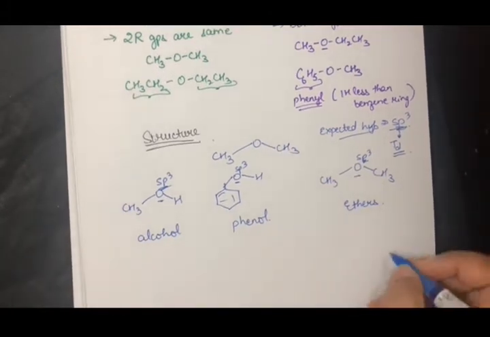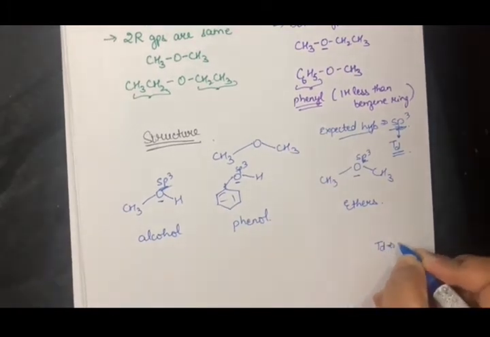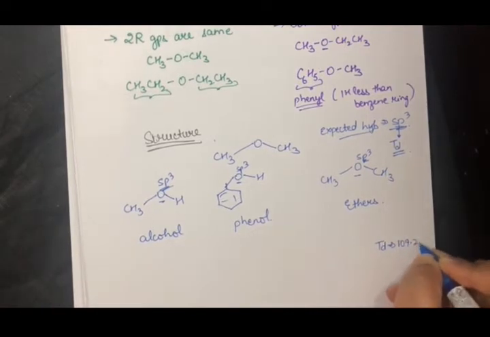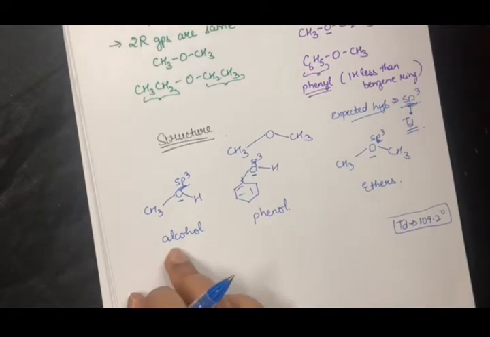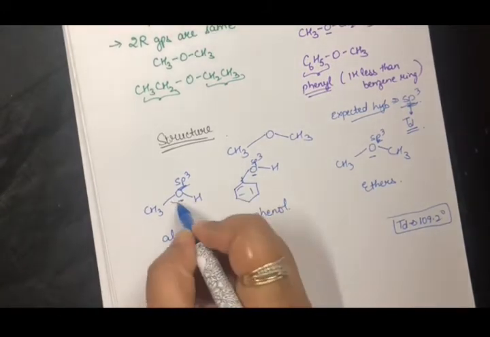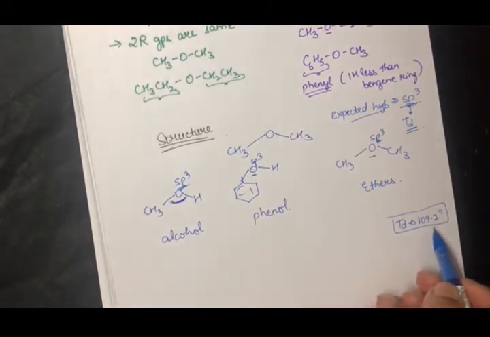Now what is the tetrahedral angle? The tetrahedral angle is 109.2 degrees. Now when we discussed the alcohols, I told you that here the angle is a little less than 109.2 degrees, which is the tetrahedral angle. Now why?